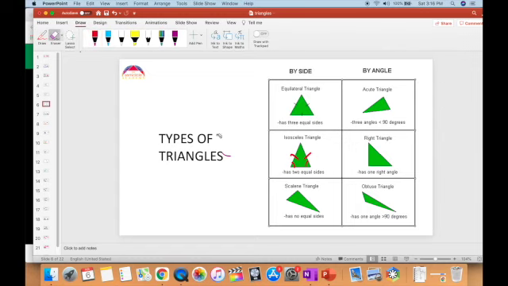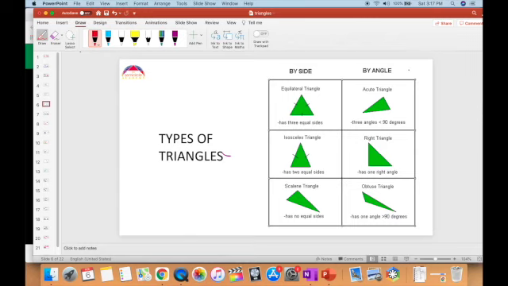So that is your isosceles triangle. And then we have the crazy triangle, which is the scalene triangle, where we don't have any equal sides and we don't have any equal angles at all. Everything is just a mess, it's all just craziness in there.